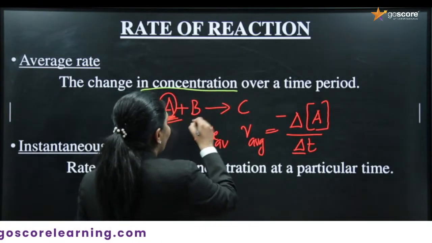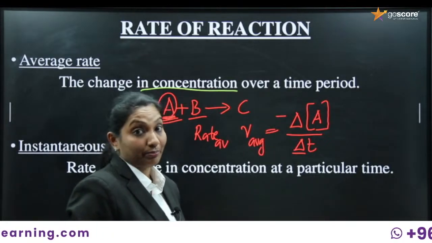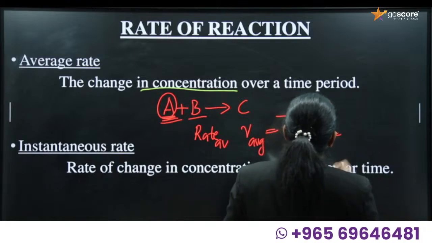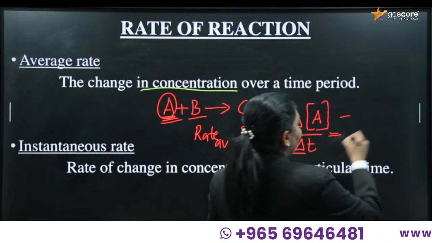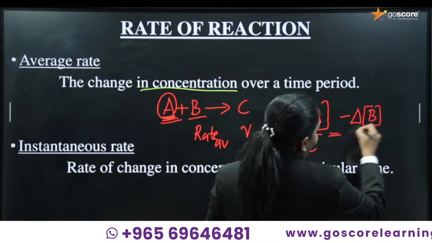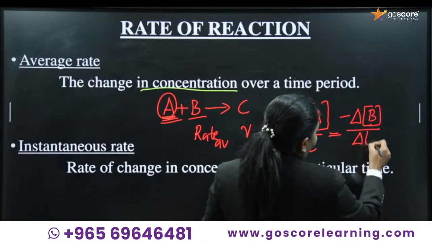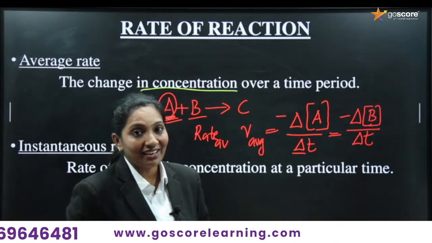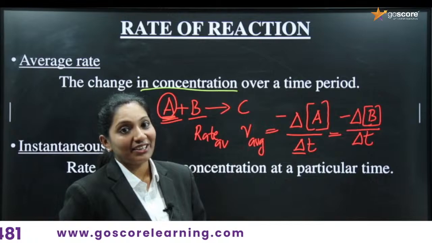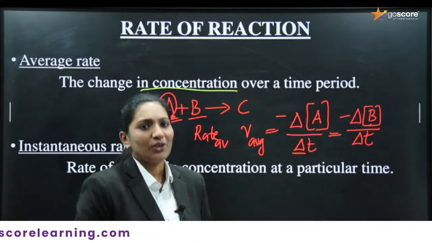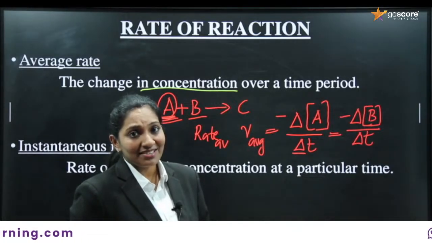Similarly, how will we write the average rate in terms of reactant B? It will be minus delta concentration of B by delta T. Same way we can write the average rate of the reaction in terms of product C. Do you need to put a negative sign for C?